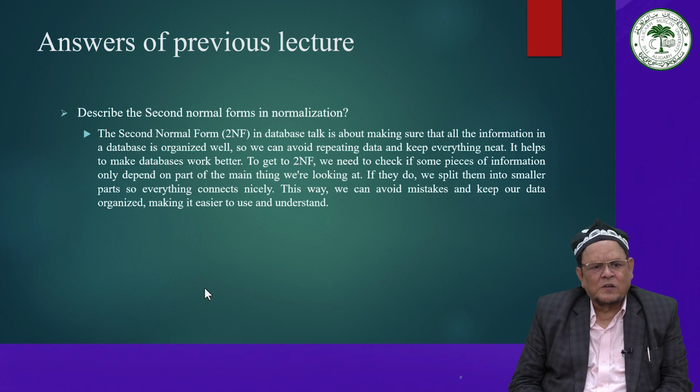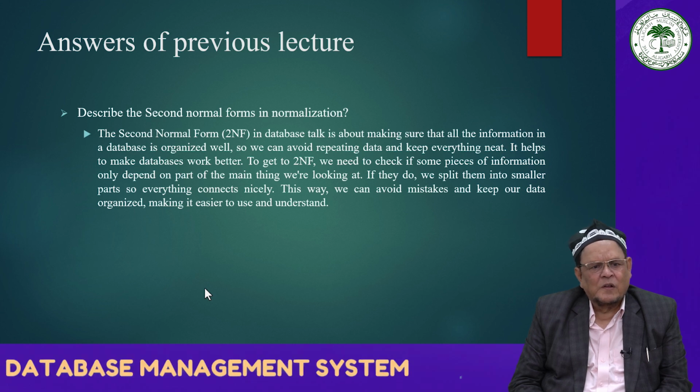The first question is to describe the second normal form in normalization. The second normal form in databases is about making sure that all the information in the database is organized well, so we can avoid repeating data and keep everything neat. It helps to make databases work better.